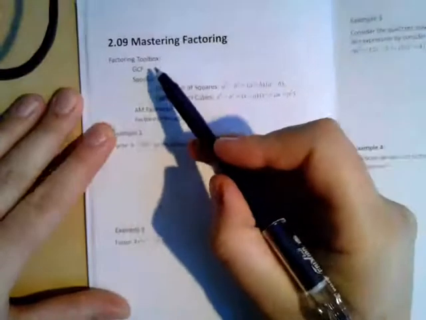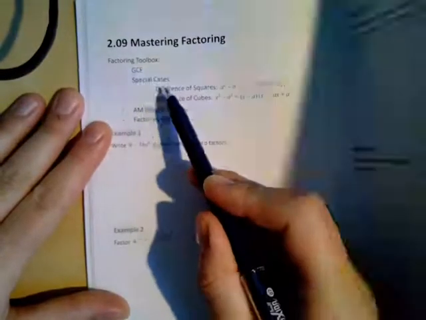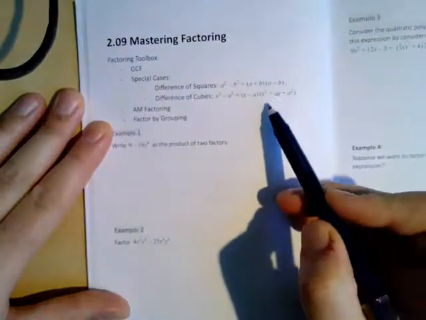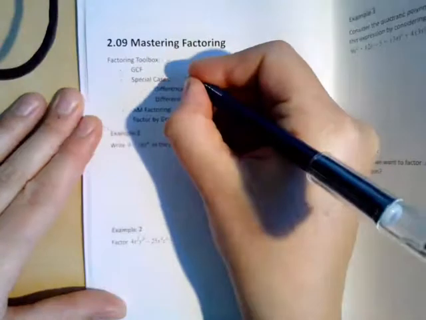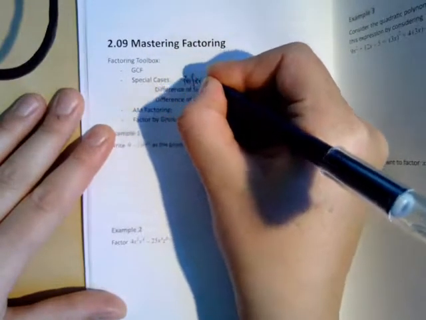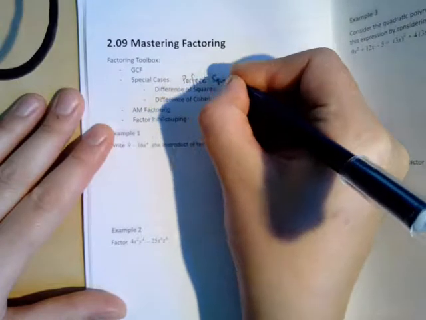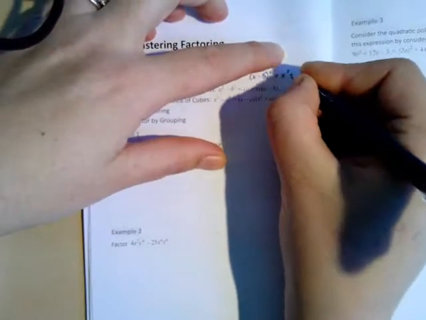We have GCF, or greatest common factors, and special cases known as difference of squares and difference of cubes, which is what we're focusing on right now. There's, of course, also perfect squares, like x minus 3 squared, which is, of course, equal to x squared minus 6x plus 9, as we so usefully used last class.